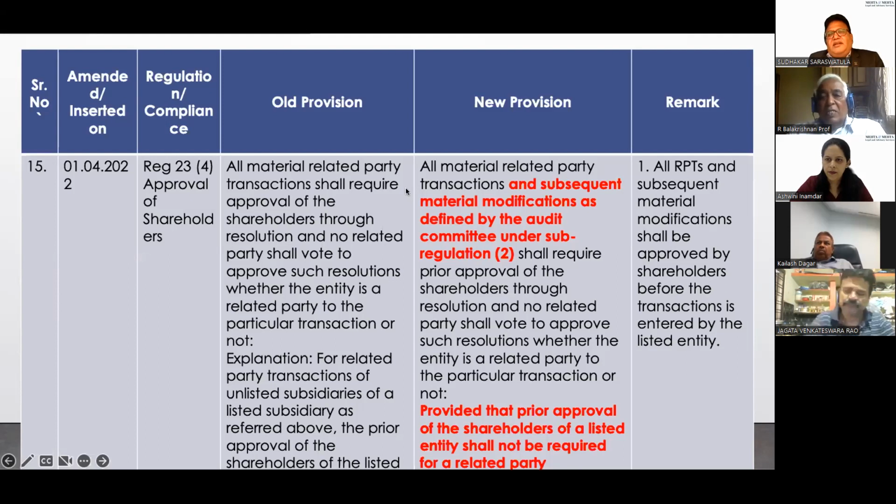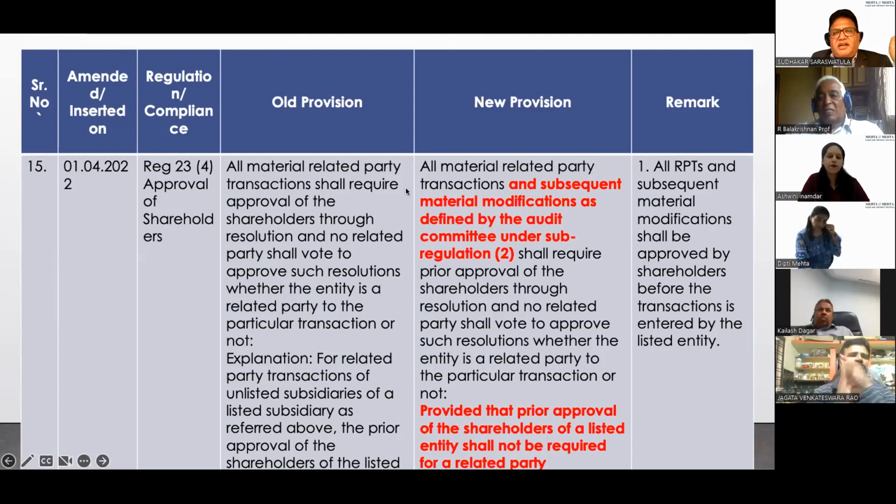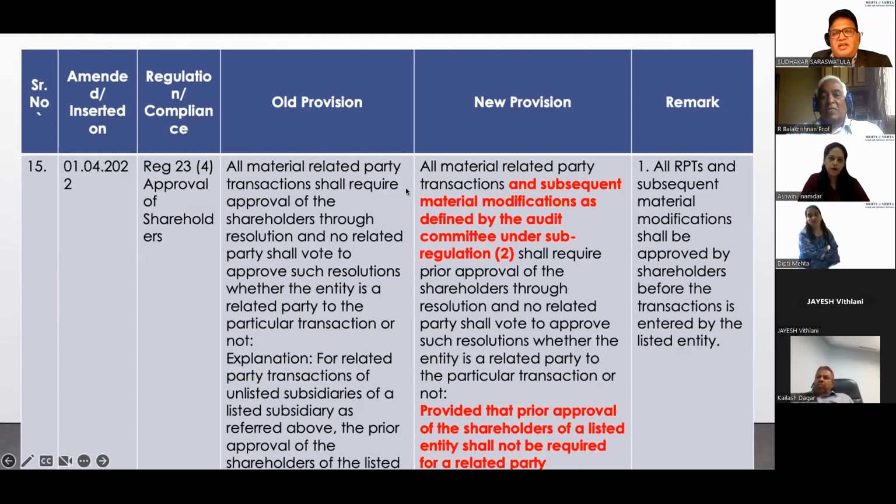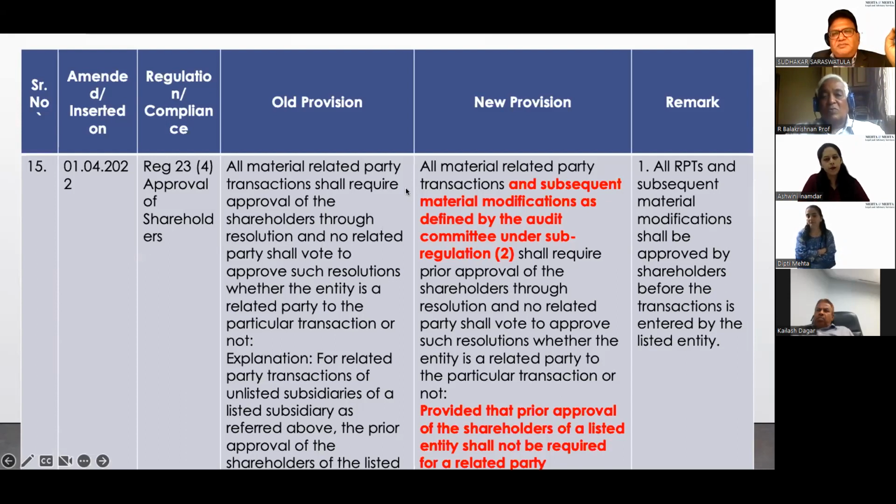See, whether he is interested under section 184 or not, if the concerned director is directly or indirectly interested in the related party transaction, he should not vote, because it is a conflict of interest. He should not vote.